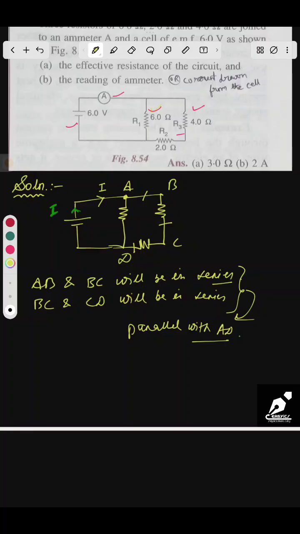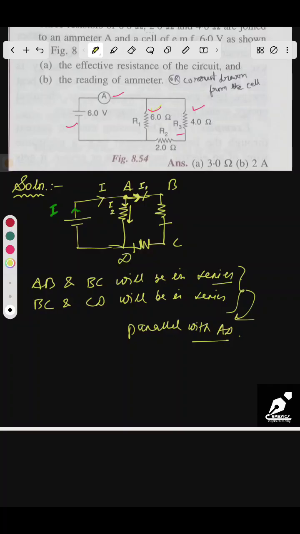Now from this junction the current will split into two branches. A part of the current goes here, a part goes in this branch. Let me consider this part of the current is I1 and this part is I2. This is how I1 is traveling and this is how I2 is traveling.